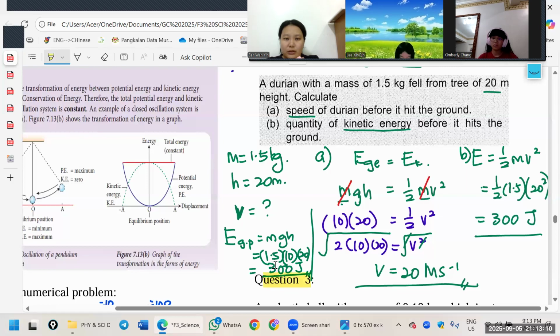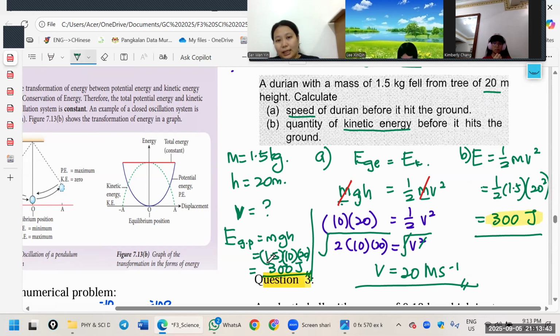Why gravitational potential energy 300, kinetic energy also 300. Why? What principle is it? Kimberly? Conservation of energy. Yeah, principle of conservation of energy.